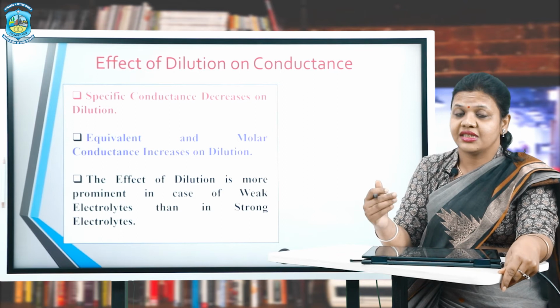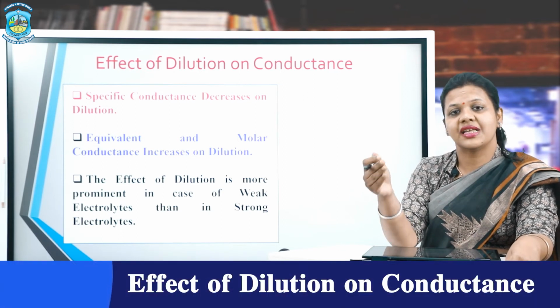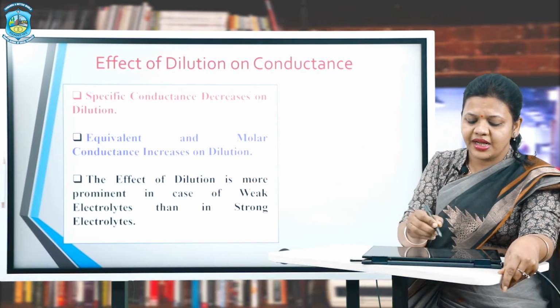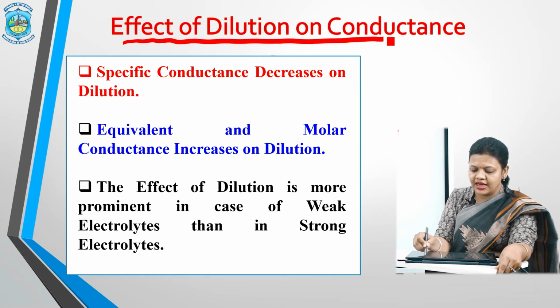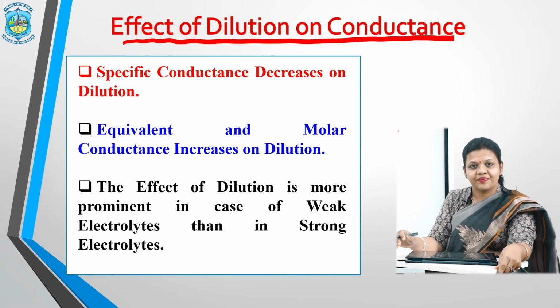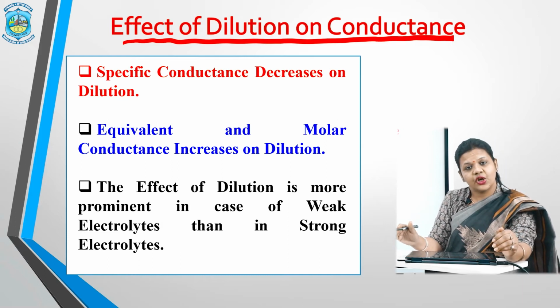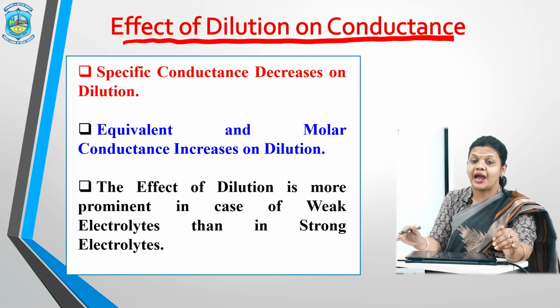Now, as we have just discussed, concentrated solutions have less conductance and dilute solutions have more conductance. So, what is the effect of dilution on the conductance? Among the three conductances, specific conductance will decrease on dilution because the number of ions present in a cubic volume will decrease on dilution, whereas equivalent conductance and molar conductance will show a rapid increase on dilution.